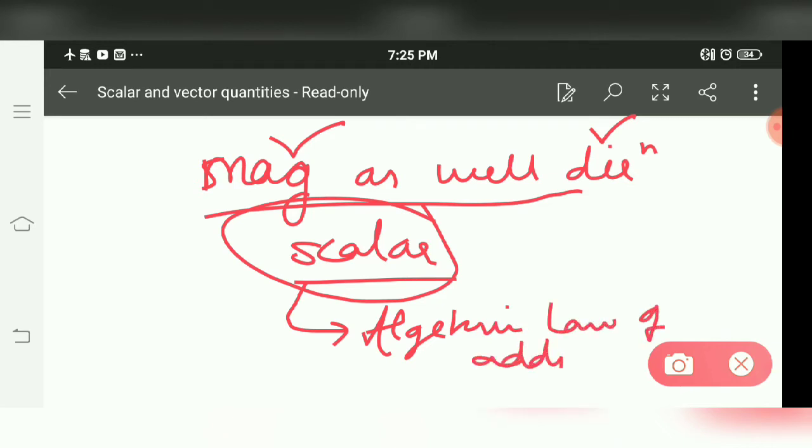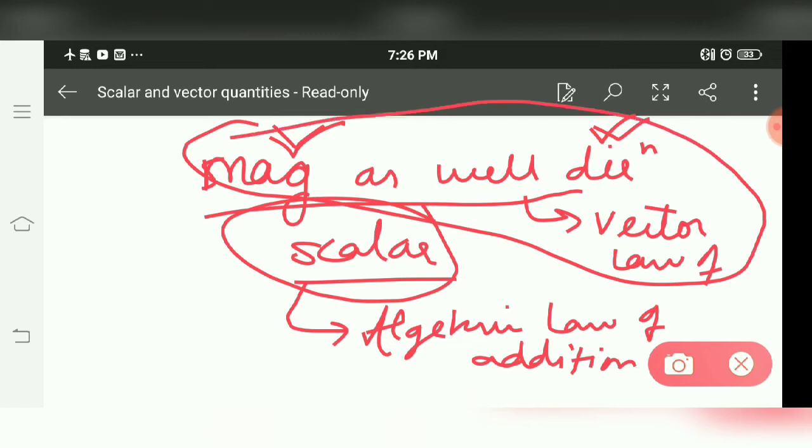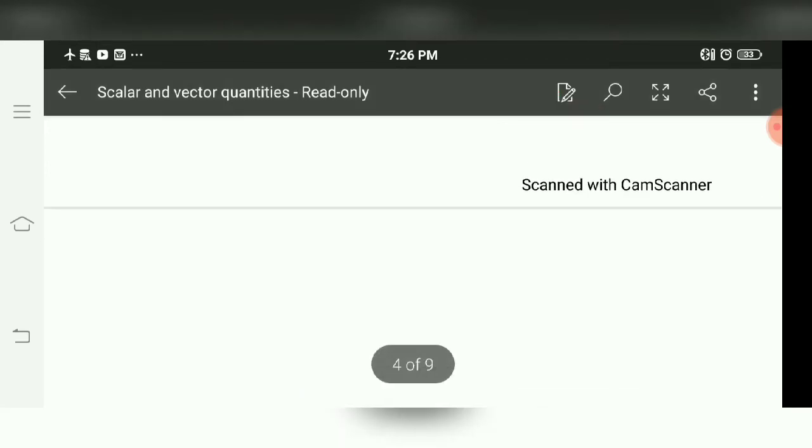So for a quantity to be a vector, it must fulfill magnitude, direction and also follow vector law of addition. So if a quantity follows all these three things, then it is said to be a vector. Otherwise, if it has the two points, magnitude and direction, but does not follow vector law of addition or follows algebraic law of addition, in that case it is a scalar quantity.